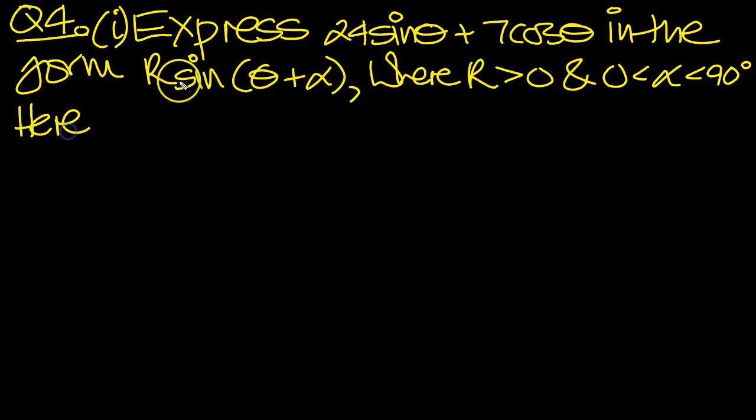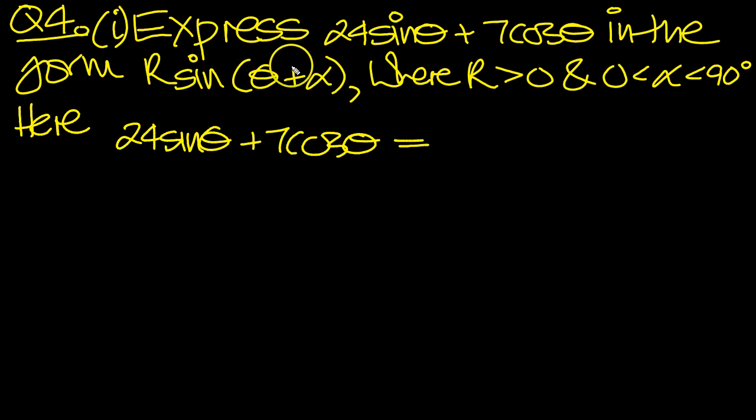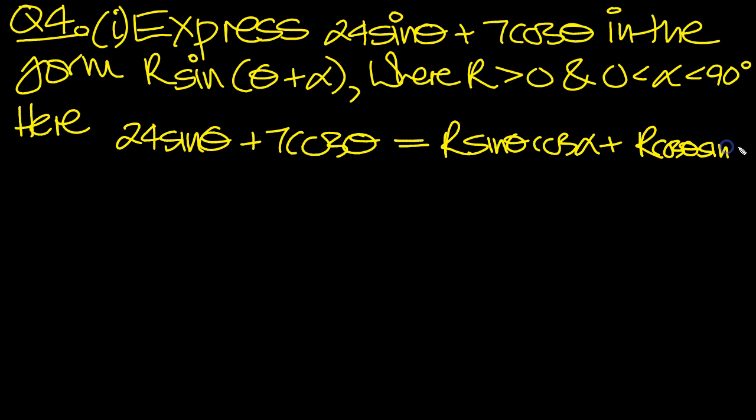So here, the 24 sine plus 7 cos then is equal to, now let's work this out, expand this compound angle formula, sine A cosine B, r lots of sine theta cosine alpha, plus r lots of again of course, cos A sine B, so that's cosine theta sine alpha.